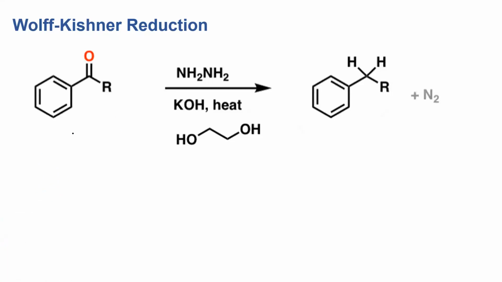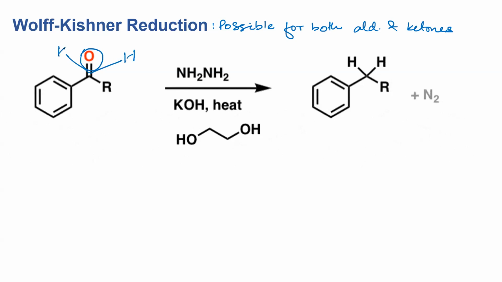So let me write it somewhere here: possible for both aldehydes and ketones. In this, the carbonyl compound is getting reduced. This O will go away, and then you will get two hydrogens.